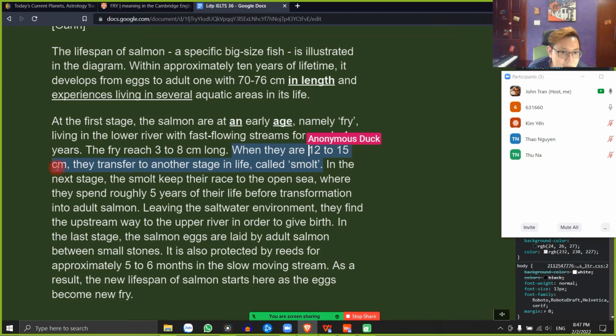When they transfer to another stage in life, called smolt. In the next stage.